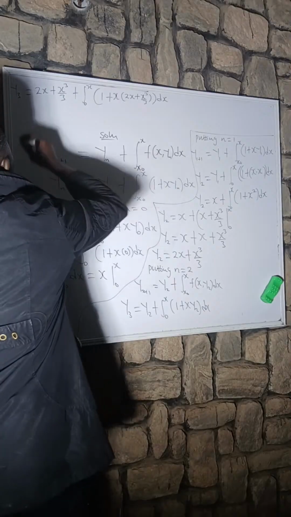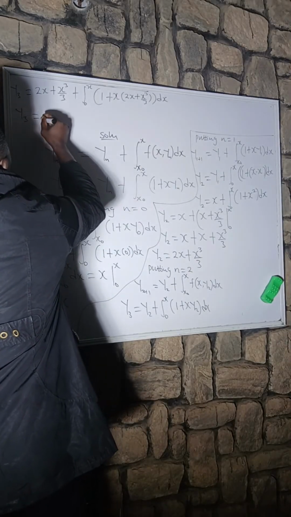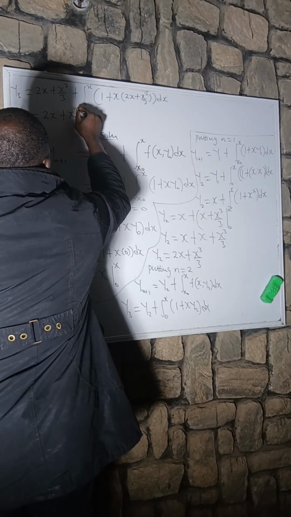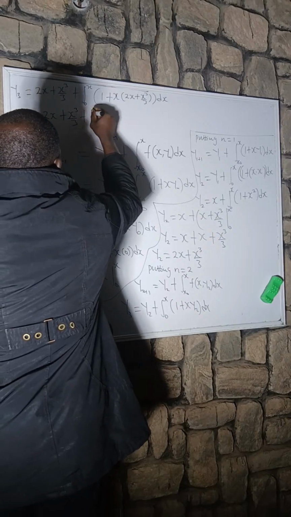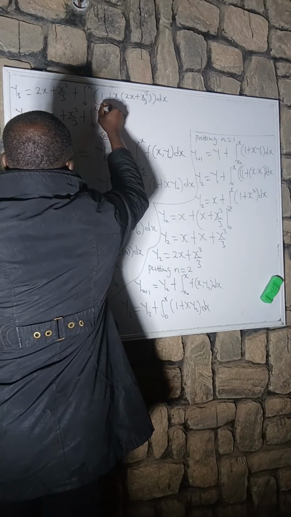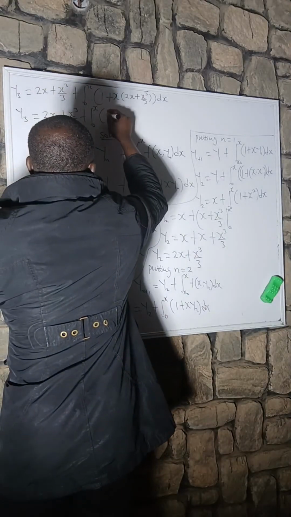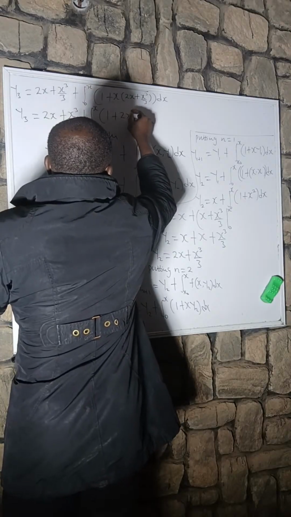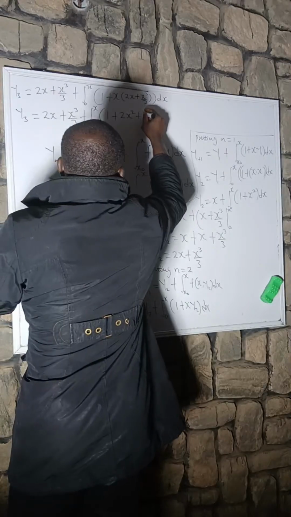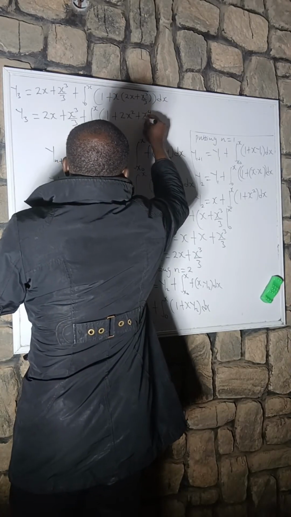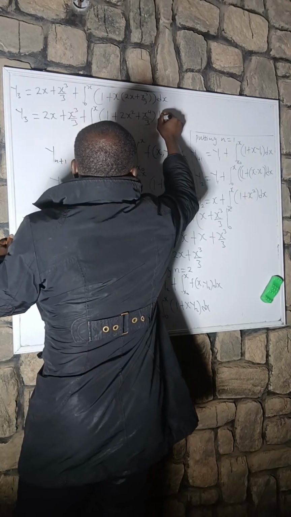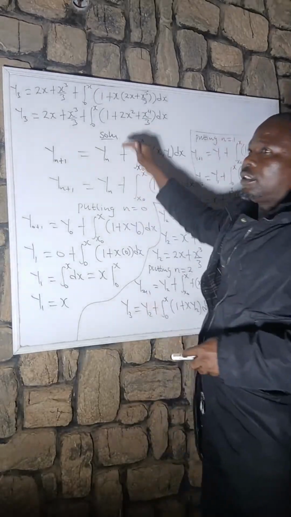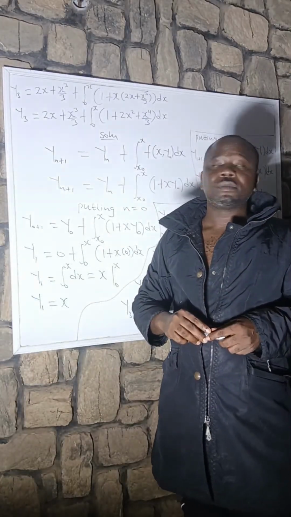Right? So if you can see what I am saying, this is the same thing as 2x plus x raised to the power 3 all over 3 plus integral 0 to x, then open bracket 1 plus, multiplying out, we are going to have 2x squared plus x raised to the power of 4 all over 3 dx. Do you agree with me up to this level?